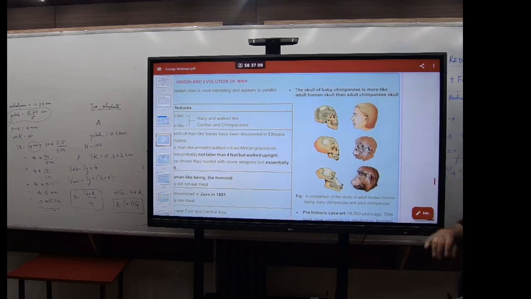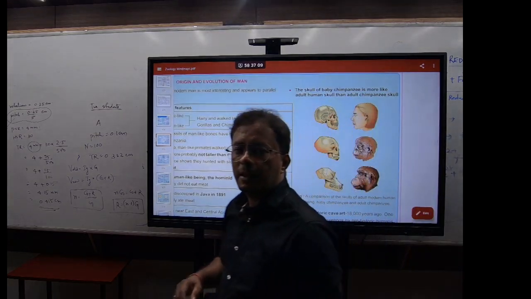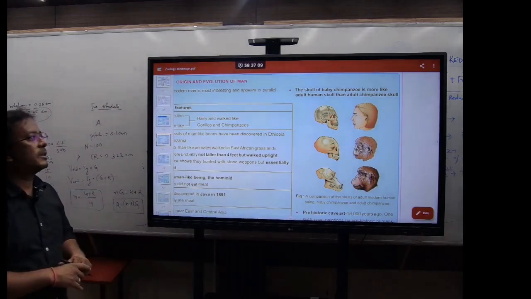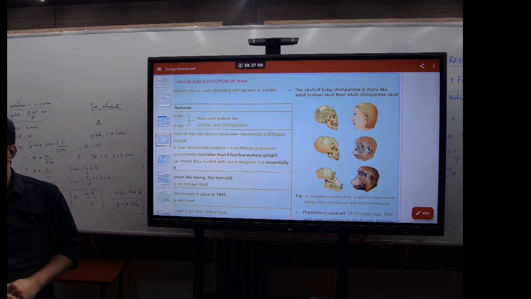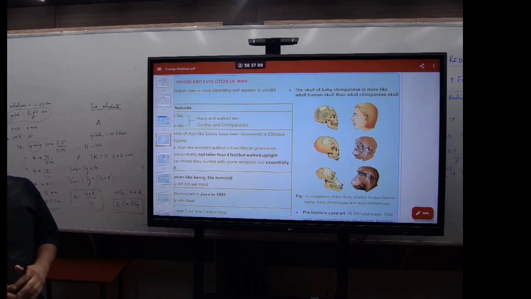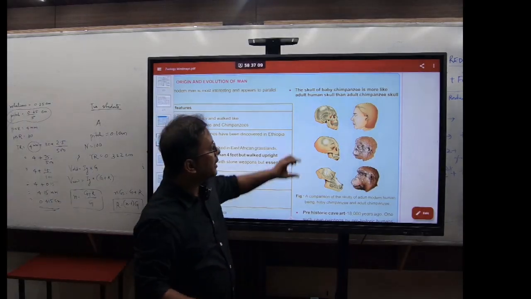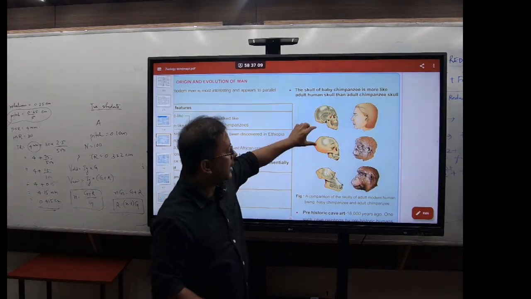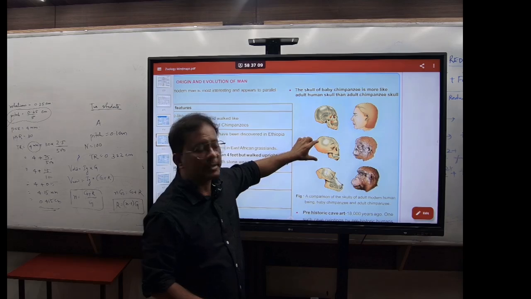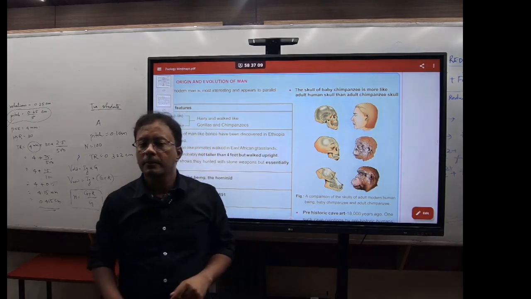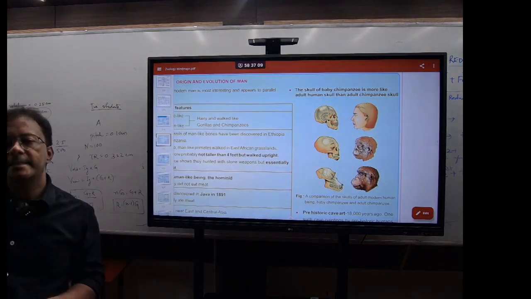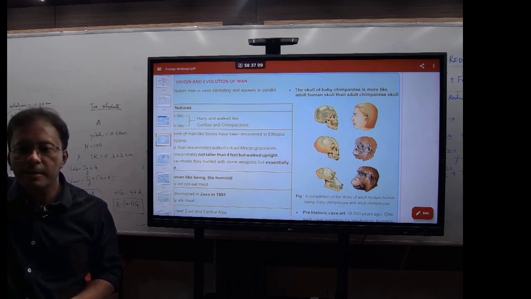This is the skull of a baby chimpanzee, an adult human, and an adult chimpanzee. As you can see clearly here, the skull of an adult human and the baby chimpanzee's skull are almost the same, which means we had the same ancestor.